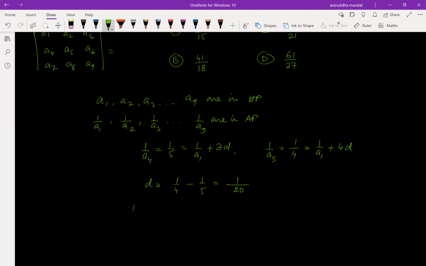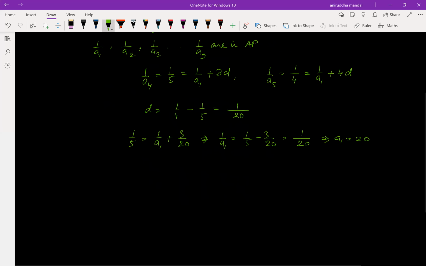Let's put it in the first equation. So 3 by 20. So 1 by A1 is 1 by 5 minus 3 by 20. This is 20, and 4 minus 3 means 1. So A1 equal to 20.